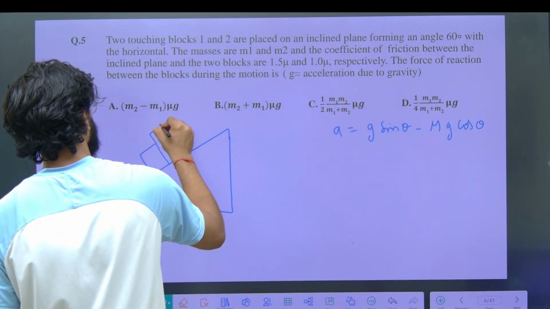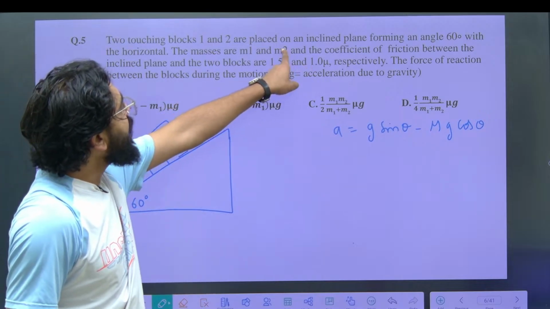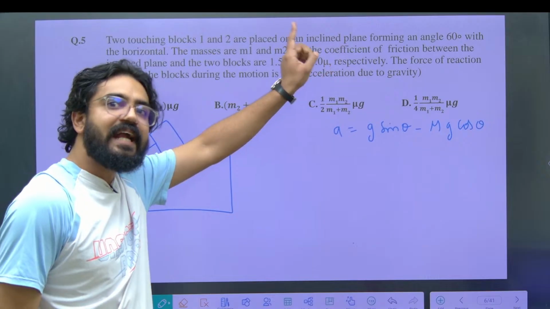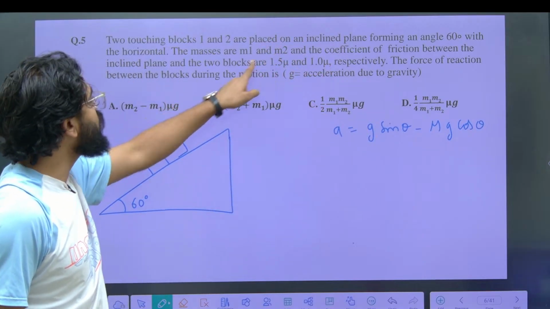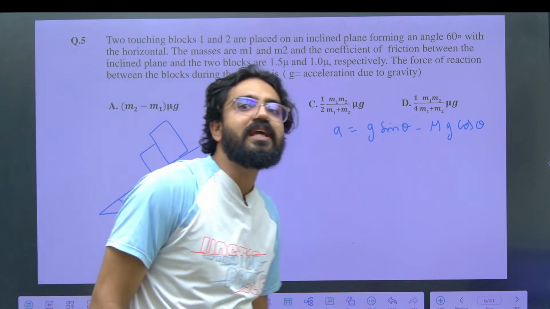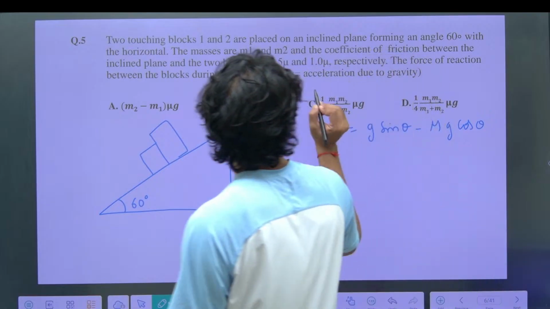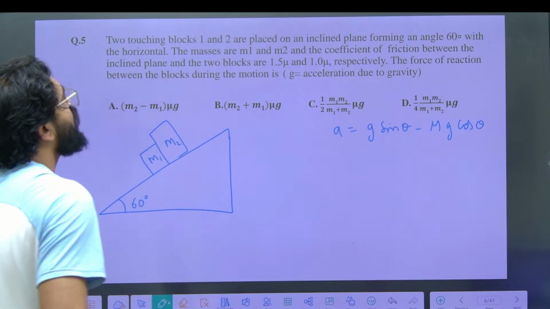From these two blocks we have to choose. If m2 is behind, then that is perfect. Then only they will move together. If m2 is ahead, then its acceleration is more, and they will leave the contact. So basically m2 should be at the back and m1 should be over here.